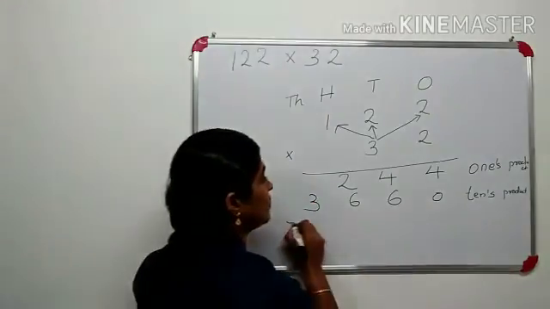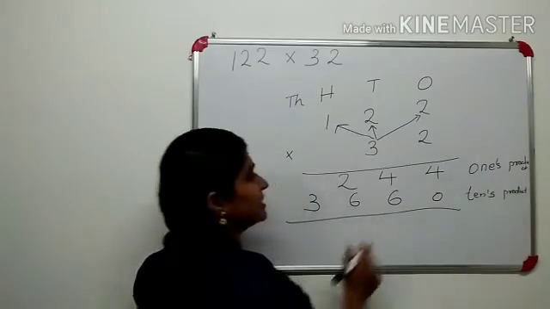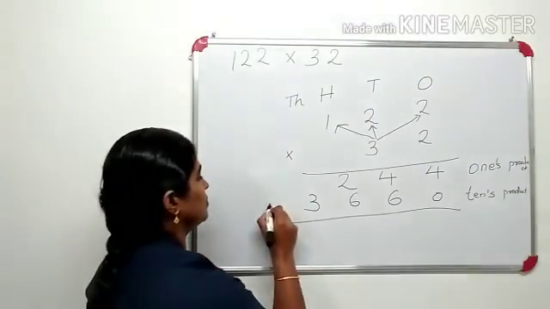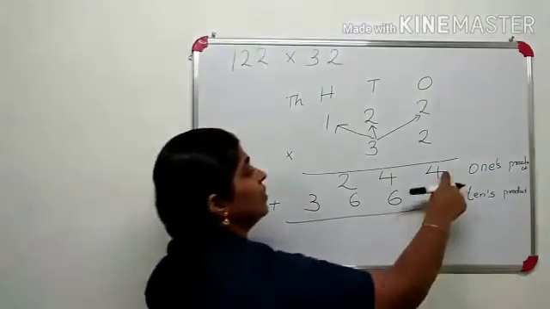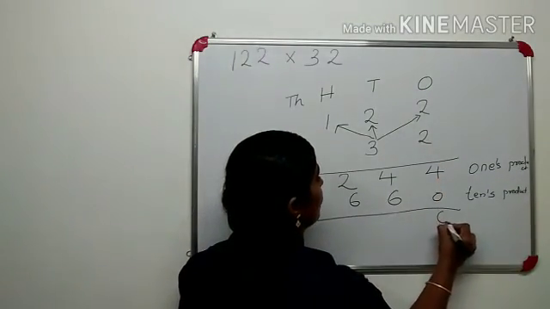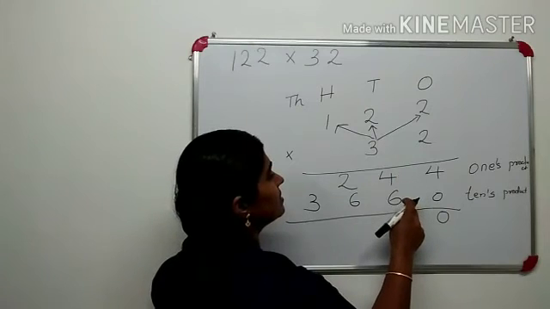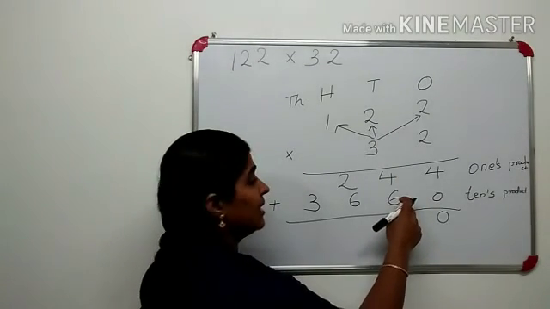Then you must add this ones product and tens product. 4 plus 0 is 4. 4 plus 6 is 10.